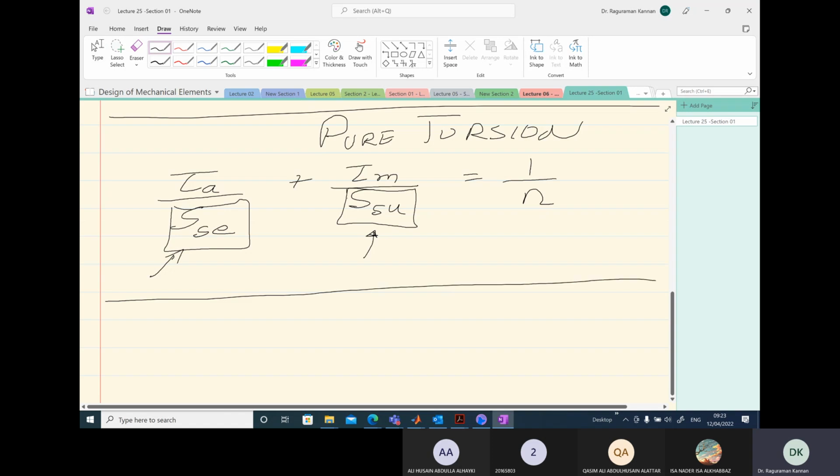See here. So let's take the Goodman equation: sigma A over SE plus sigma M over SUT equal to 1 over N. So this is the Goodman equation. All I am going to do, in the case of combined loading, is replace sigma A and sigma M with the von Mises stress amplitude and von Mises mean stress values in the equation.